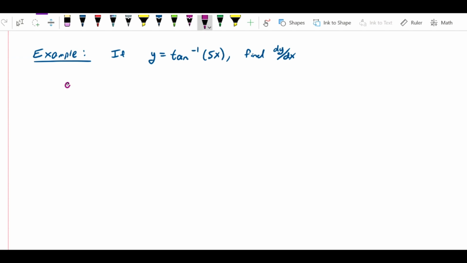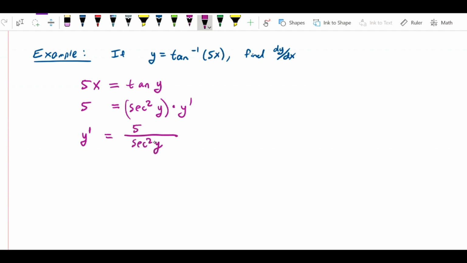So let's do our normal thing. If y equals arctangent of 5x, then that means that 5x is equal to the tangent of y. So if 5x equals the tangent of y, then let's differentiate both sides. That means that 5, that's the derivative of 5x, is equal to secant squared y, and because it's y, we put in y prime. So that means that y prime is equal to 5 over secant squared y.